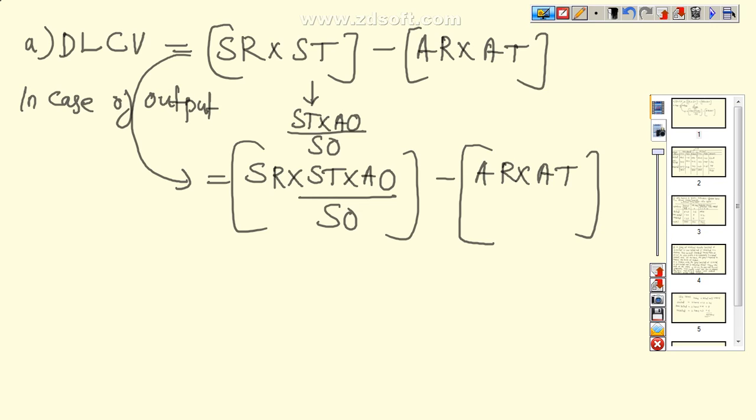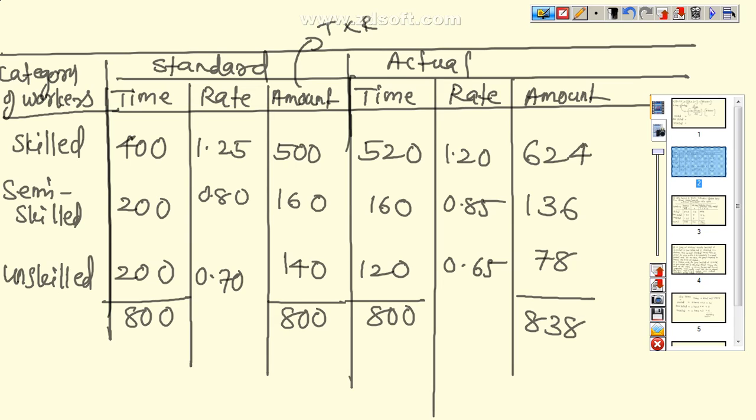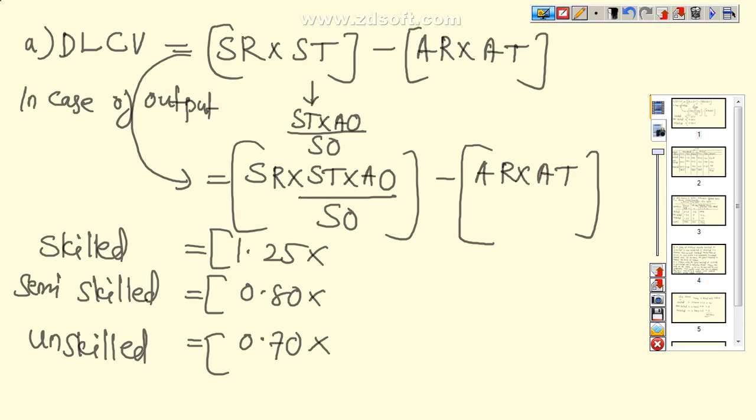So there are three categories of workers: first one skilled, second one semi-skilled, and the third one unskilled. Now we have to look at the table here. Standard rate is given as 1.25, 0.80 and 0.70. So here we write 1.25, 0.80, 0.70 multiplied by standard time.